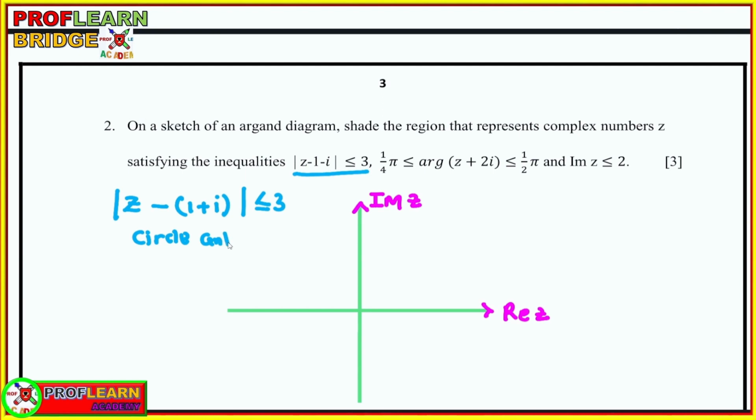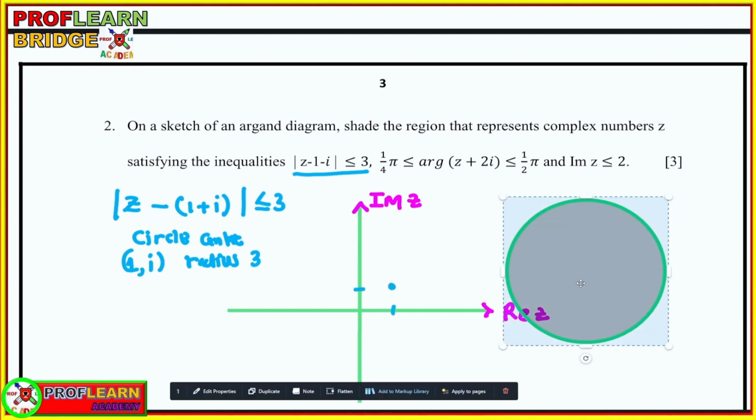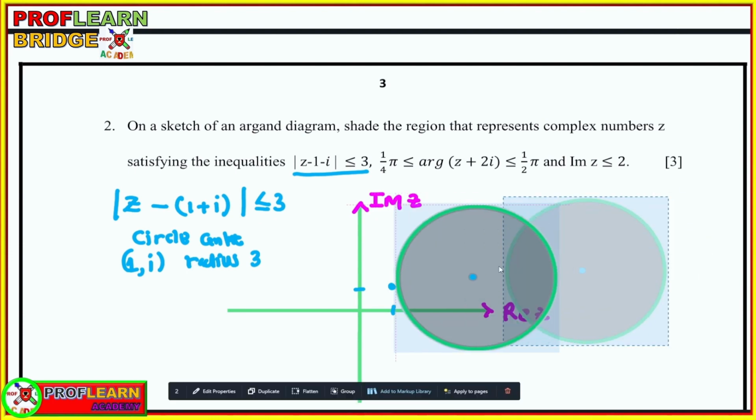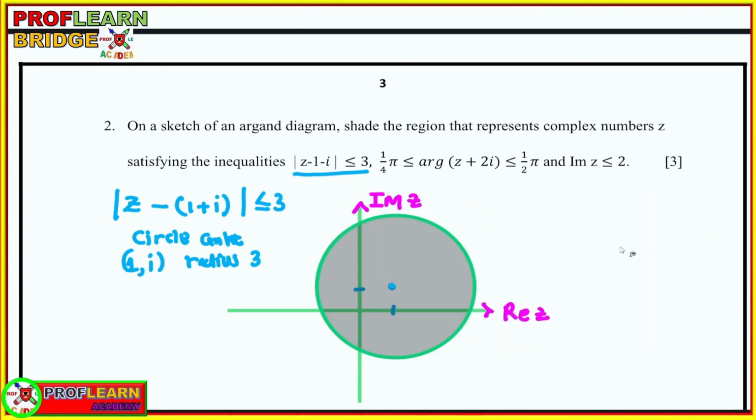So we are going to say this is a circle, center 1 + i and radius 3. So we're going to locate the center at this particular point, and then we shall draw our circle at that given point. So our circle is well represented there, which means the locus is the region inside the circle.